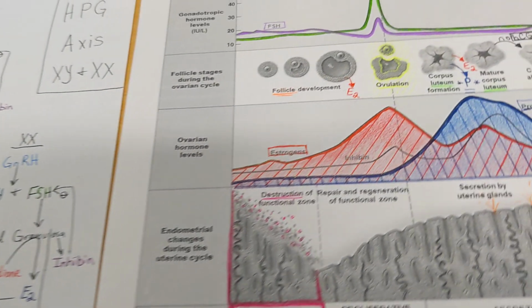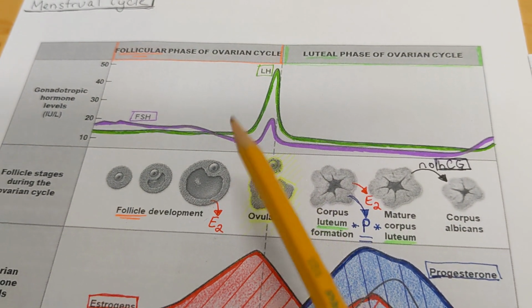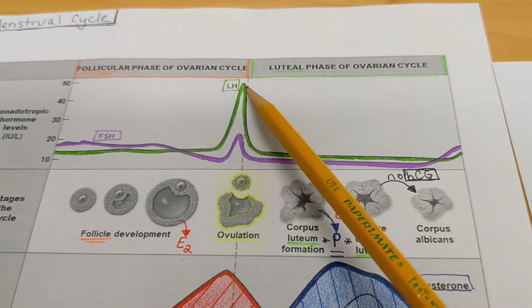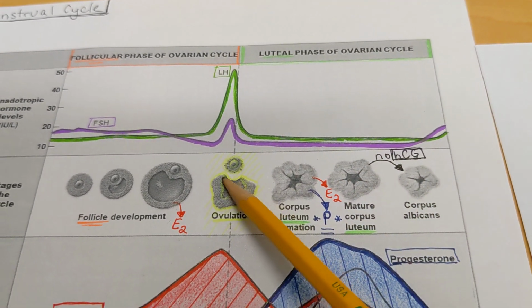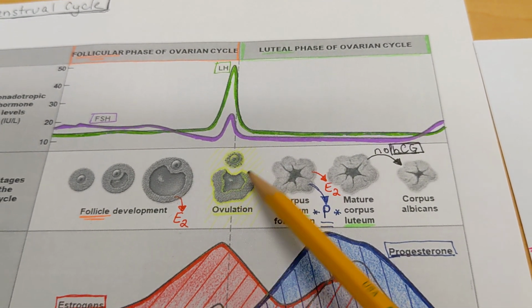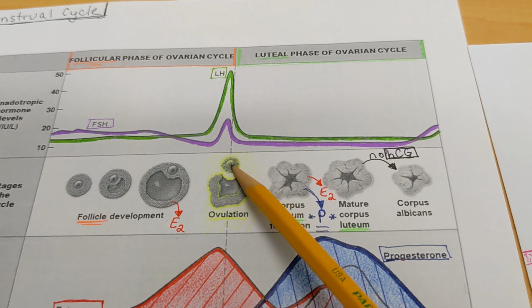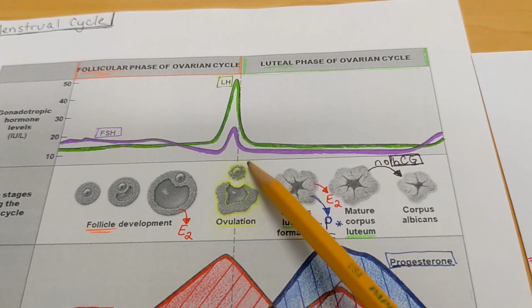And so, if we look at this graph here, right before the dotted line of ovulation, LH in particular is going to drastically increase. What this is going to do is trigger the follicle to rupture, ejecting or ovulating the secondary oocyte, which this time is arrested in metaphase 2, and the corona radiata.